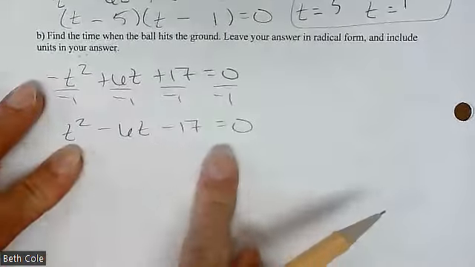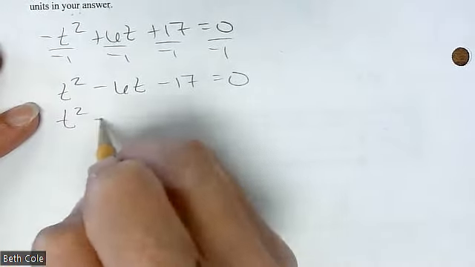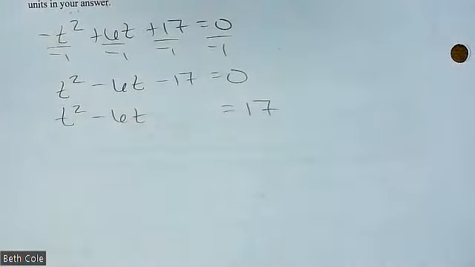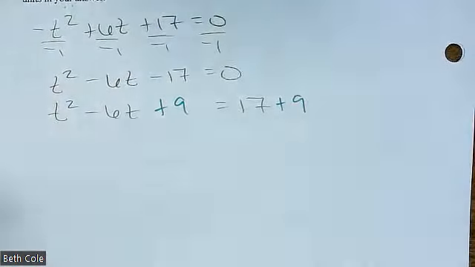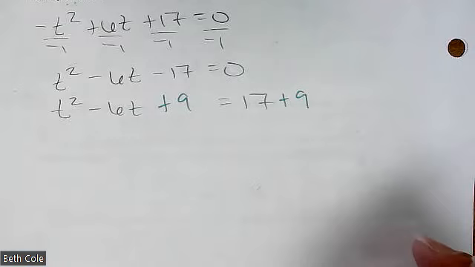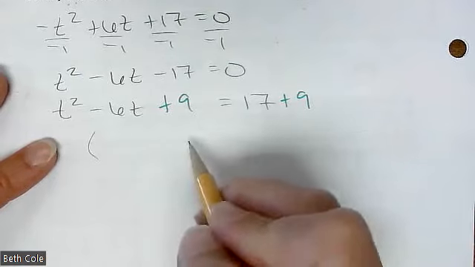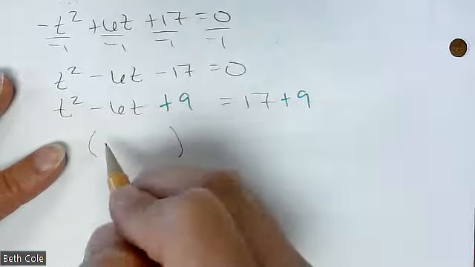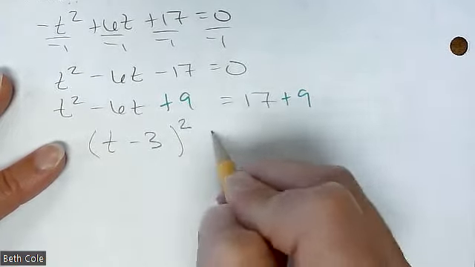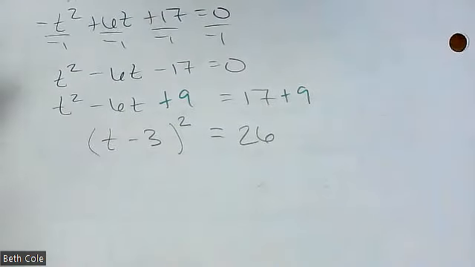All right, what would you do first to complete the square here, guys? We're going to move the 17 over. Good. And then add 9. Good. And then what am I going to write? T minus 3 squared, good, equals 26, good.